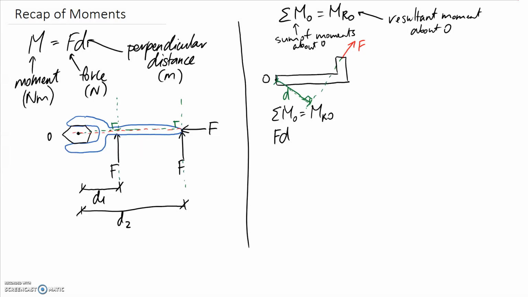the only other thing I need to consider now is the direction of this moment. So moments can either be clockwise or anti-clockwise, and the normal sign convention is to consider anti-clockwise as the positive direction. This is due to the fact that if you use the right-hand rule, which is where you put your thumb out of the page to represent the positive z-axis, the direction that your fingers point tell you the positive direction for the moment around that axis.